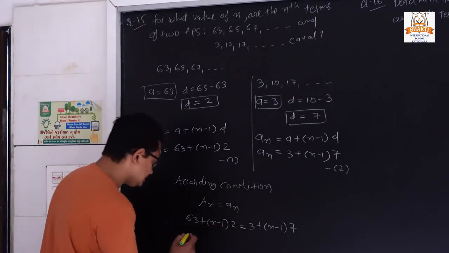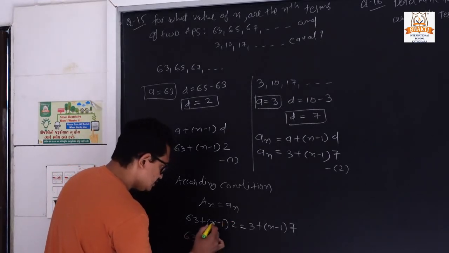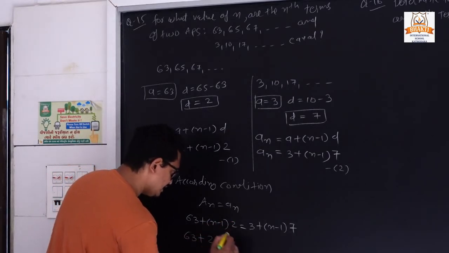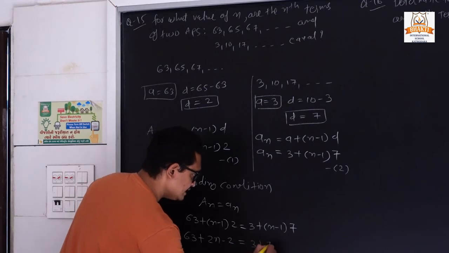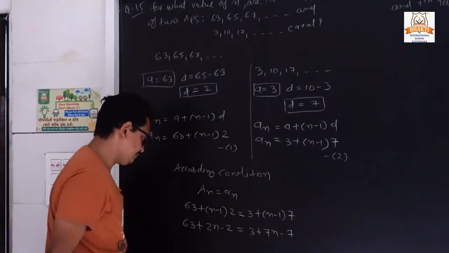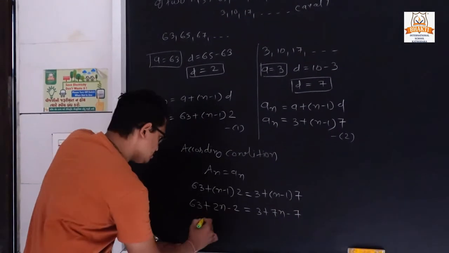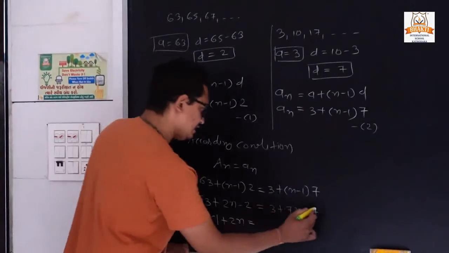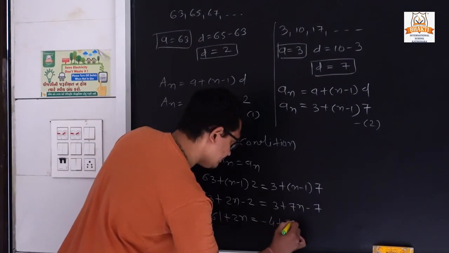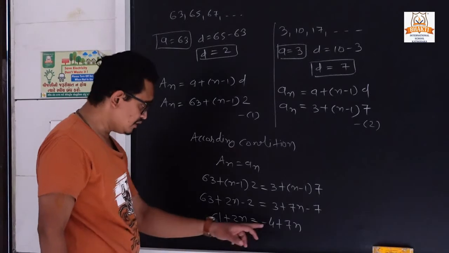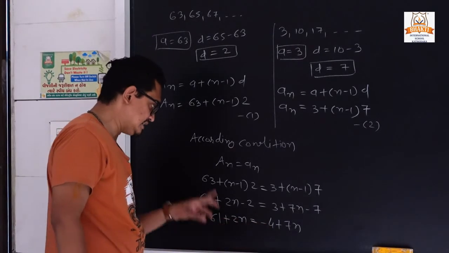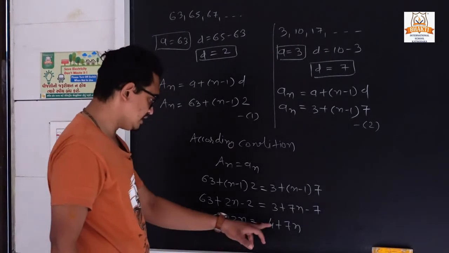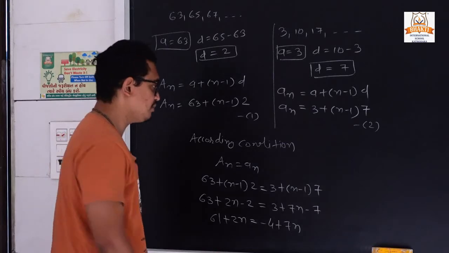So simplify this. 63 plus 2n minus 2 equals 3 plus 7n minus 7. So 63 minus 2 is 61, plus 2n. And here 3 minus 7 is minus 4, plus 7n. Now this minus 4 is going to the second side, so it becomes plus.